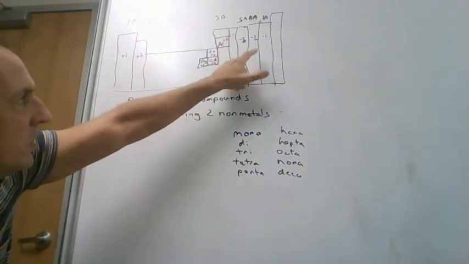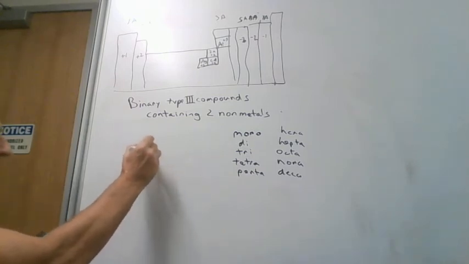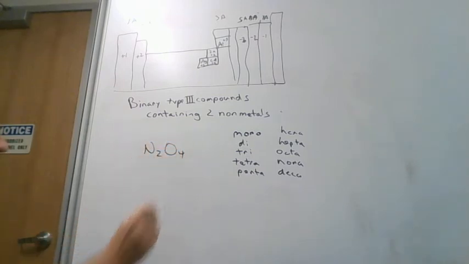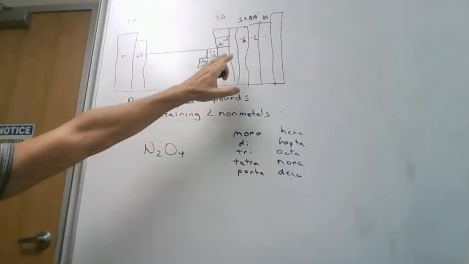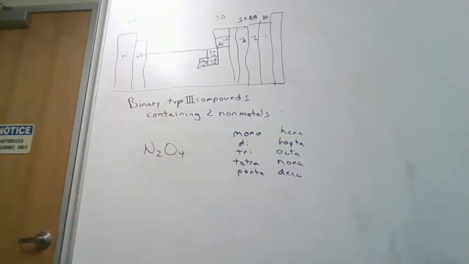So remember, 2 nonmetals. Once you determine that the first element in the binary compound is not a metal, then you know you have a type 3 compound. Nitrogen is over here, it's not a metal. Oxygen is not a metal, so we have a type 3 binary compound.